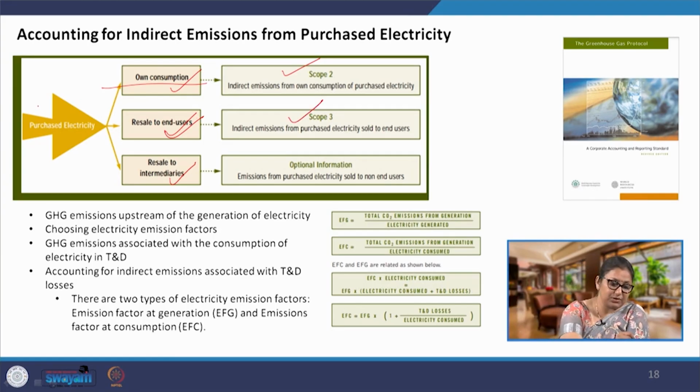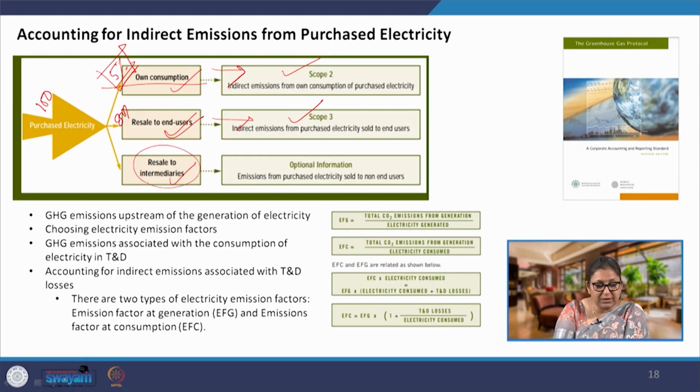For example, we purchased 100 units of electricity, 5 units were consumed by us. So, the scope 2 will have only the emissions related to these 5%. If resale to the end users is say 80%, then the 80% emissions will actually go in scope 3, how the users use it.